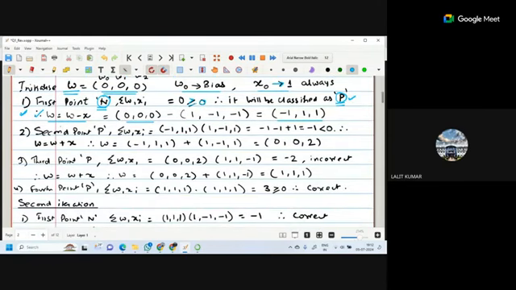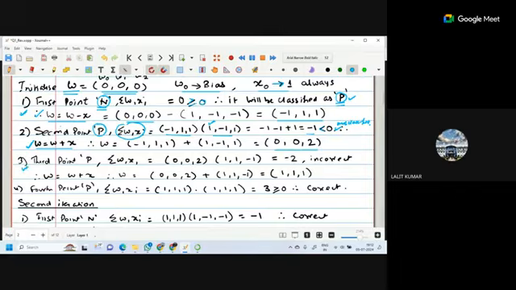For the second point, which is positive, with this new W we take the summation of Wxi. Remember, always take x0 as 1. Here this becomes minus 1, which is less than 0, so this is also misclassified. It will be classified as negative. This is a case where a positive point has been classified as negative, so we do W is equal to W plus X. The new W will become 0, 0, 2.